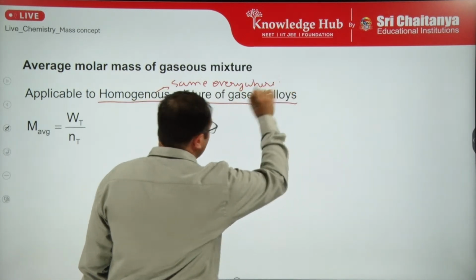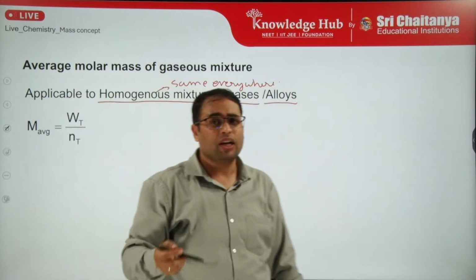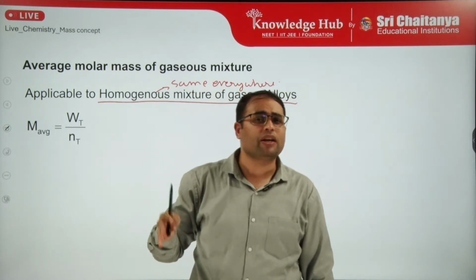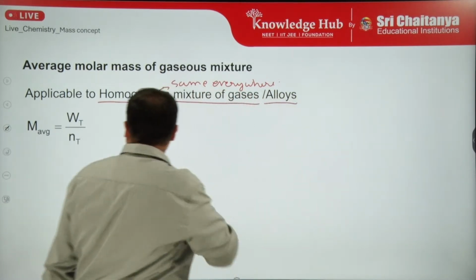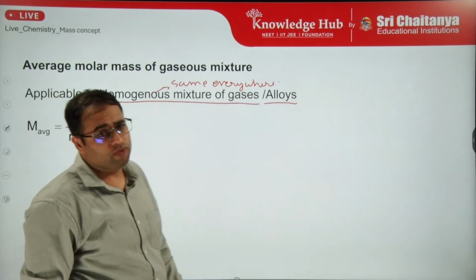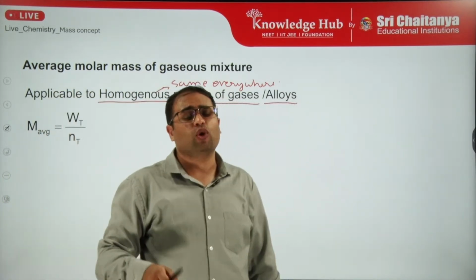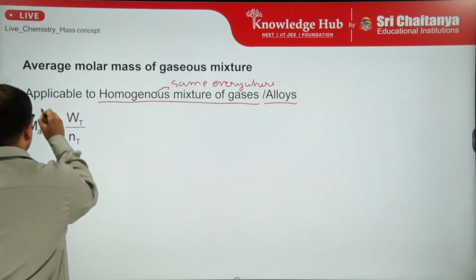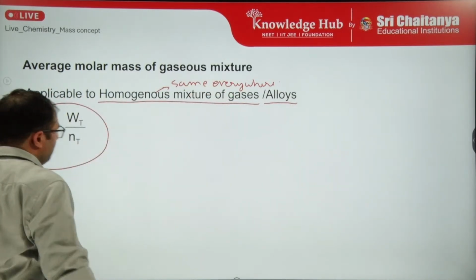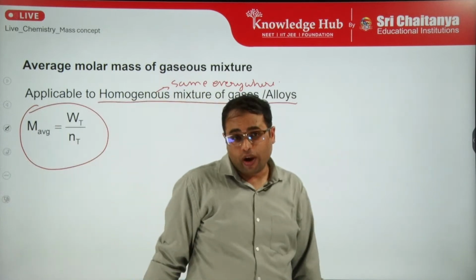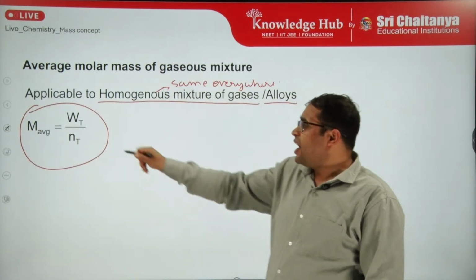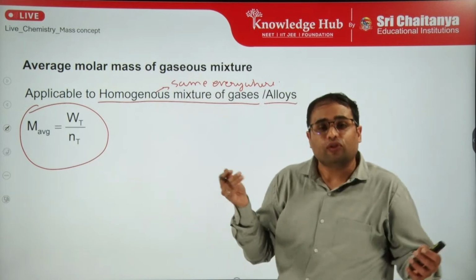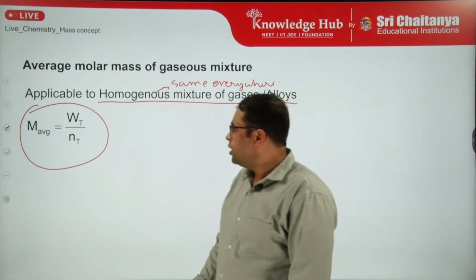Like we have in this atmosphere, oxygen, nitrogen, hydrogen all mixed together. Same way, if I have a homogeneous mixture of gases and I need to find the average molar mass of this mixture, then I can again use this same formula, which is total weight of those gases divided by total number of moles.